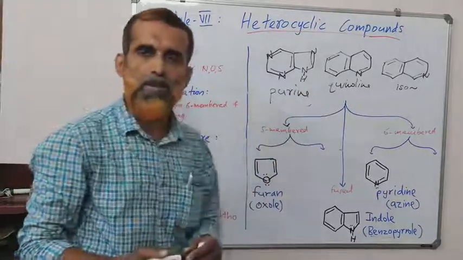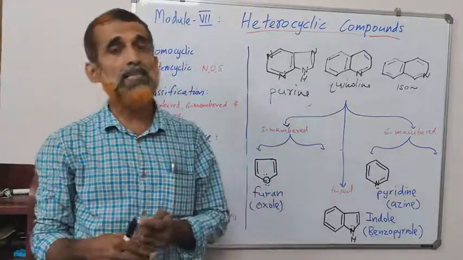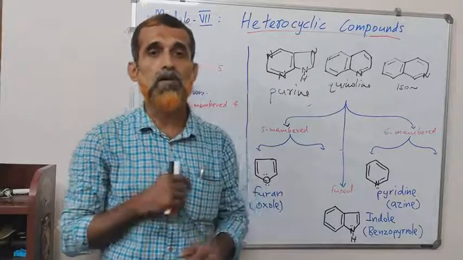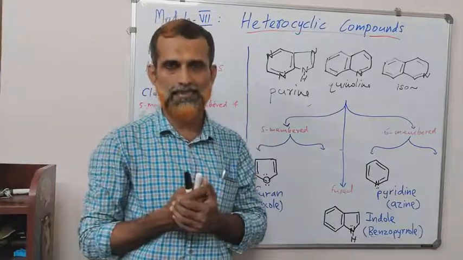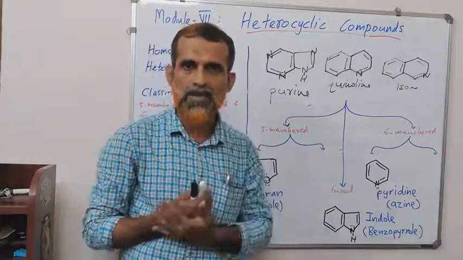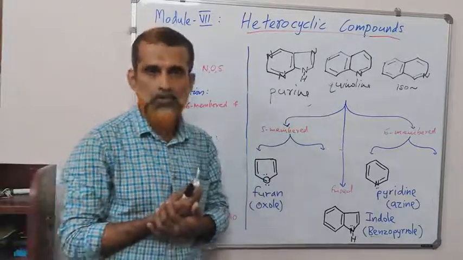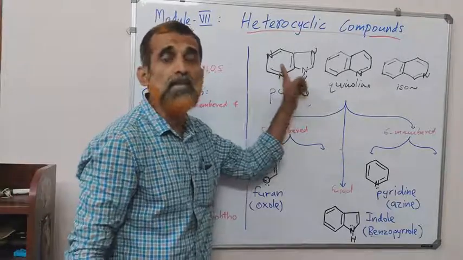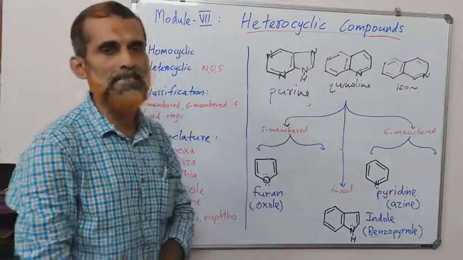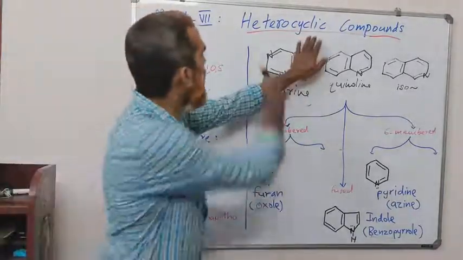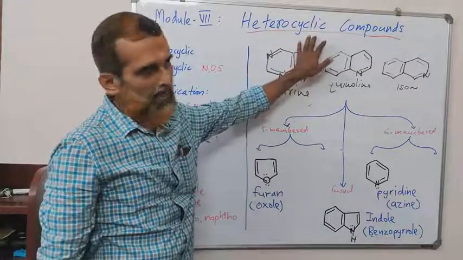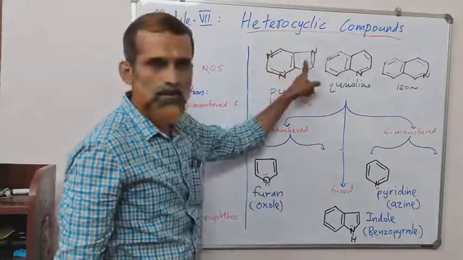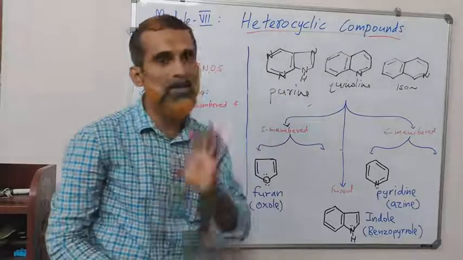You know, purine and pyrimidine bases, the nitrogen ring compounds present in the nucleic acid, that is adenine, guanine, thymine, uracil and cytosine. Purine is this one, a fused system, 2 rings are there. And this alone is pyrimidine. Together with imidazole, it is purine. You can remember that way.